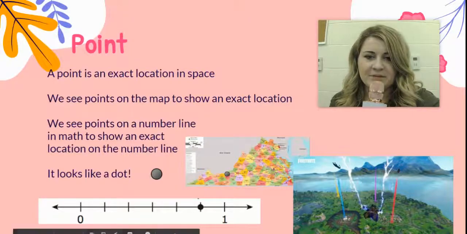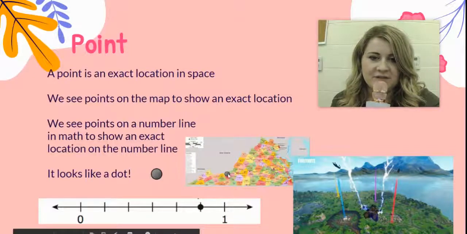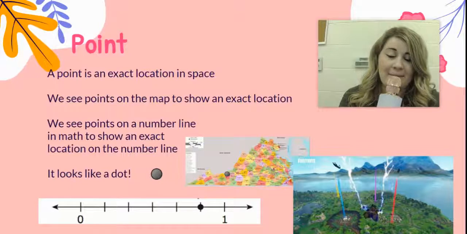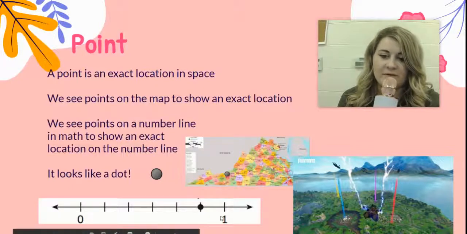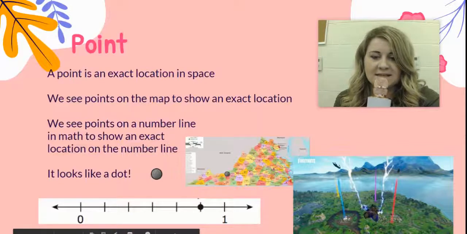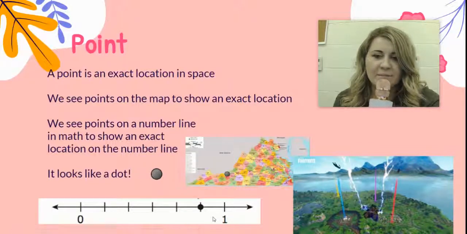Right here, I have an example of Virginia, where we are located in Virginia right here. This is our point. And if you are really wanting to relate it to math, it's like our points on our number lines that we've been looking at recently with fractions. So right here, this point is on the number line between 0 and 1. If I wanted to know what place that's at, I would simply count the bottom number to get my denominator.